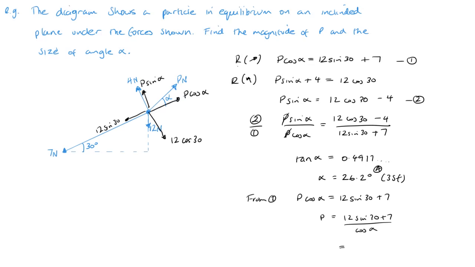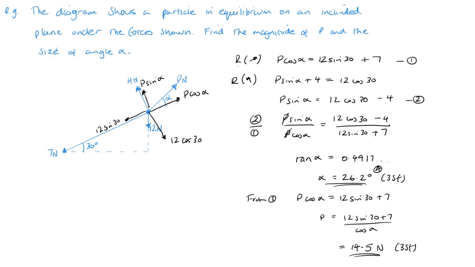And of course we know what alpha is now, don't we? So 12 sine 30 plus 7 divided by cos of 8, because that's what I stored it as, and we get P is 14.5 newtons to 3 significant figures. And that is now both P and alpha found.